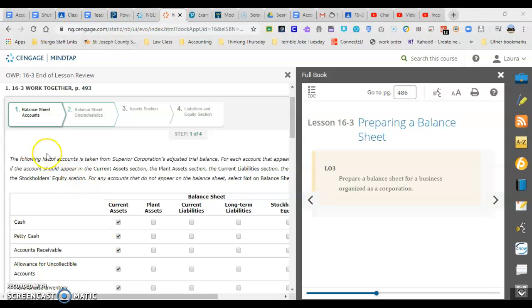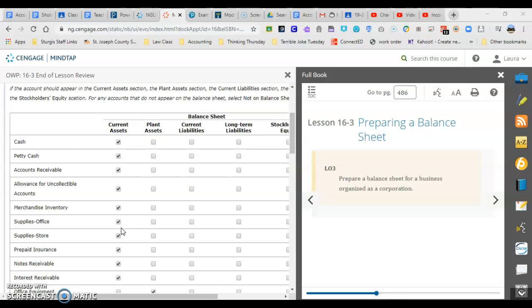This first section I just went ahead and did in this work together, but it said what kind of accounts go onto a balance sheet and classifying them. Remember, current assets are assets that you think are going to be used within the year. They're accounts that you deal with all the time.